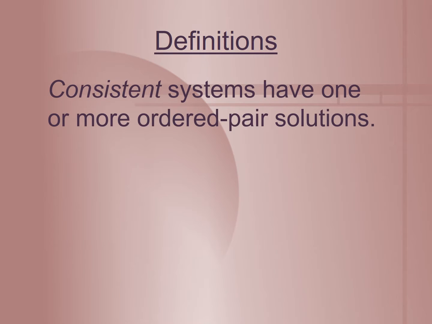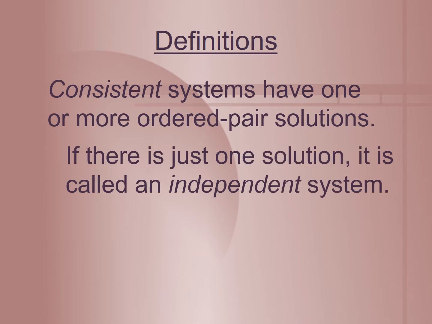If you have a consistent system, that means you have one or more ordered pair solutions. So far, most of the systems that we have done have had one ordered pair solution, which means most of our systems have been consistent.